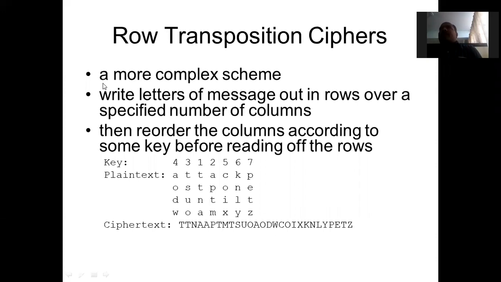Why? Because you can increase the number of rounds. Once you get the cipher text, you can write this cipher text again using the key, then go for a third round, a fourth round, a fifth, a sixth. There are many ways you can apply the row transposition cipher, which is why it is called a more complex scheme.